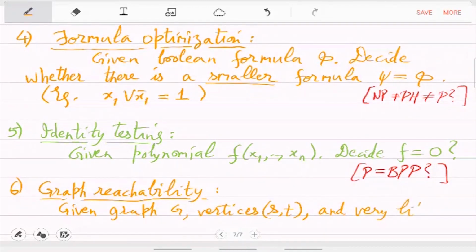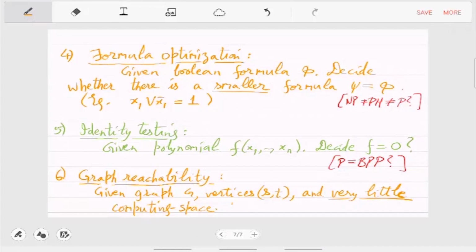You want to test whether there is a path. So the input is big in comparison to the computing space, which is very small. Think of it as exponentially smaller. Can you decide whether there exists a path from S to T?